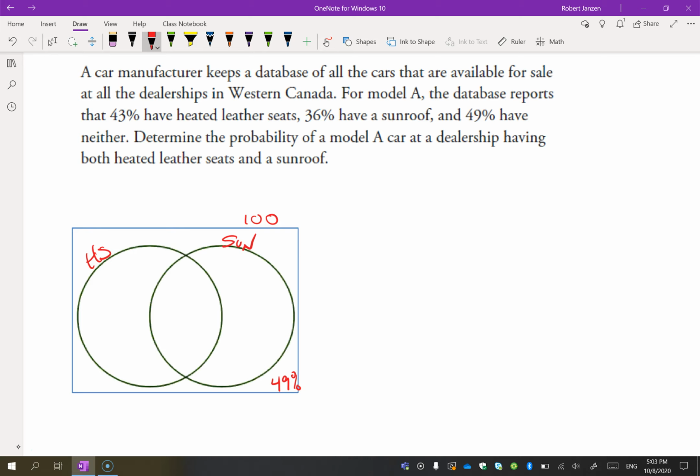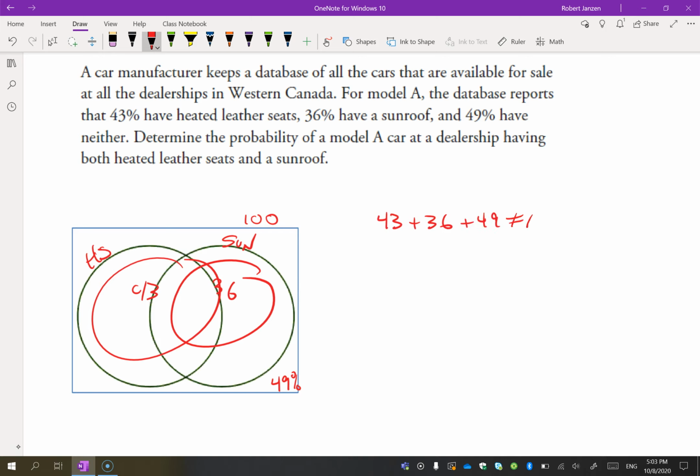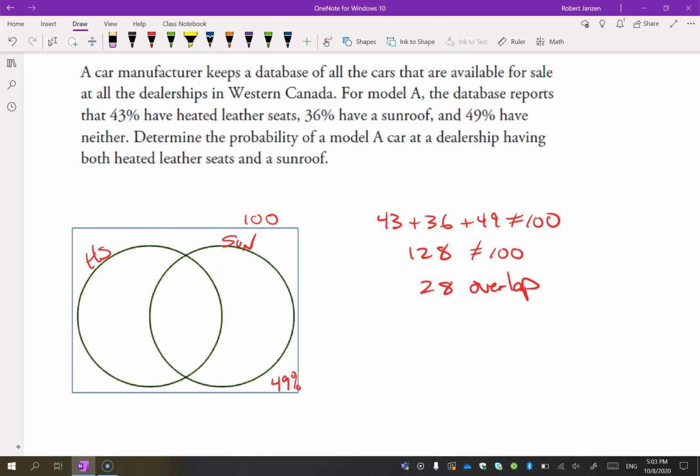Determine the probability of a Model A car at a dealership having both heated leather seats and a sunroof. Okay, so we know this is 43 and we know this is 36. And we know that 43 plus 36 plus 49 doesn't equal 100. Okay, this is going to give you 92, 98. This is 128. This must mean 28 overlap or are counted twice.